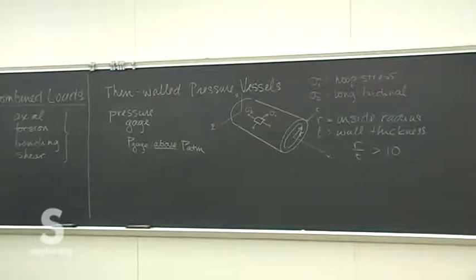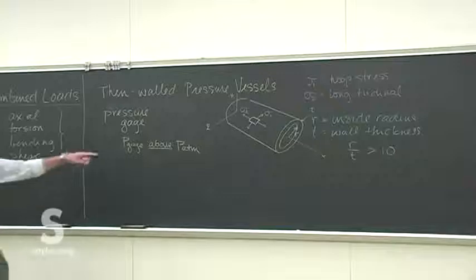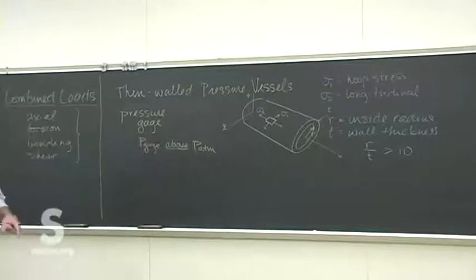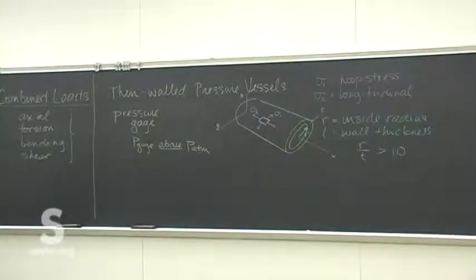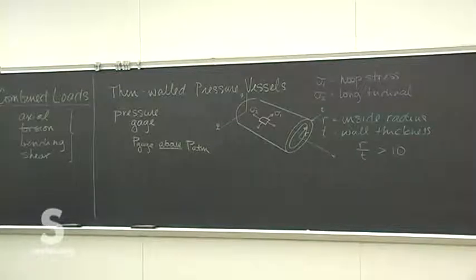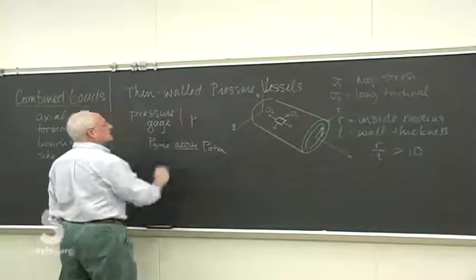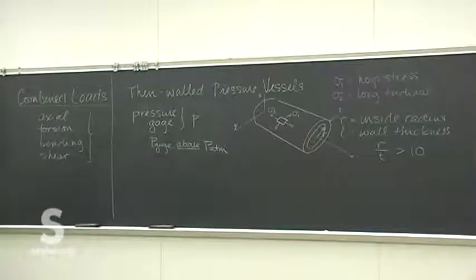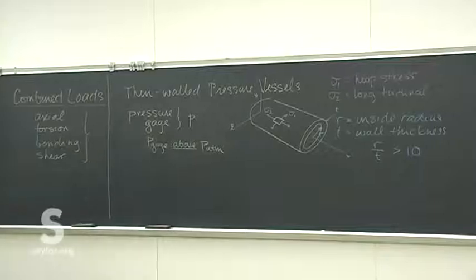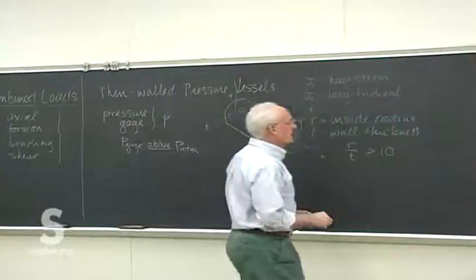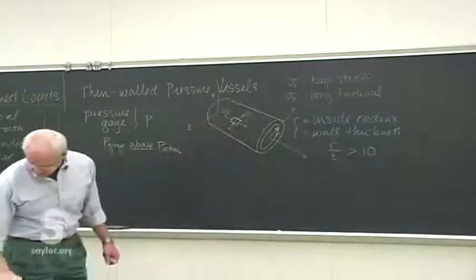If we consider the atmospheric pressure and use the absolute pressure on the inside of the tank, they just subtract anyway because they're exerting equal and opposite forces on either side of the wall. So we're only going to look at the gauge pressure. We'll use, in a fit of creativity, the symbol P, and now we can look at the type of stresses that we've got there.